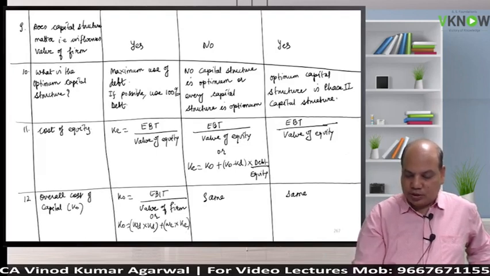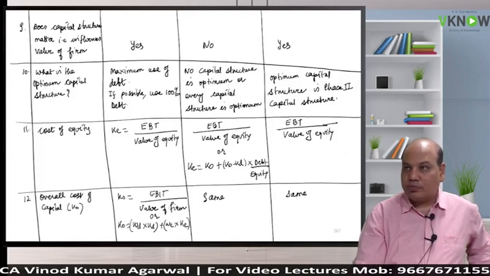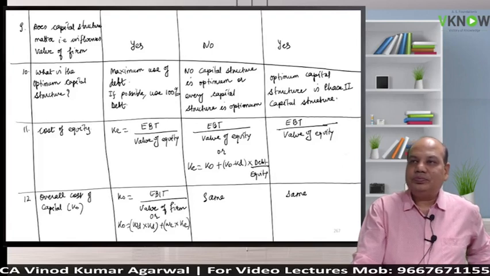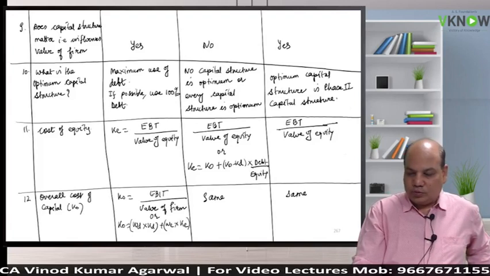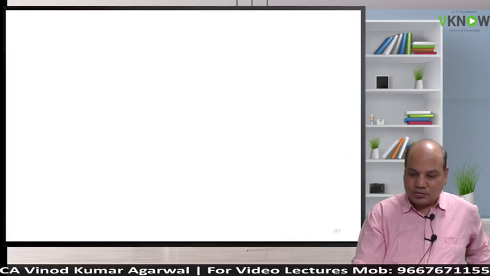Either you can use weighted average cost of capital or EBIT upon value of the firm. Have you written 12 points? Is it a good summary of this chapter? One more point.